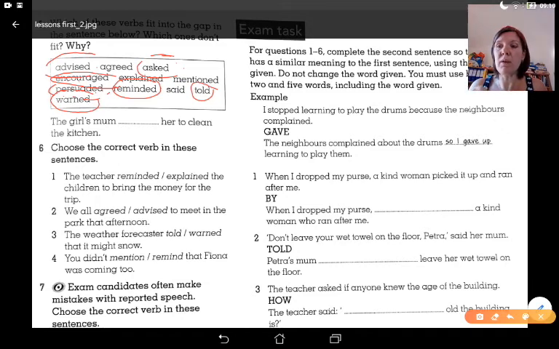The only thing I wanted to mention to you in exercise 5, so I've kind of tried to circle the verbs that fit into the gap. Just a note of attention to explain, okay? Because people often make a mistake with this.